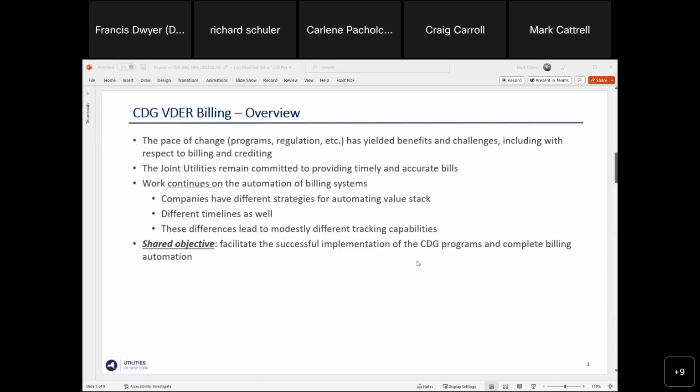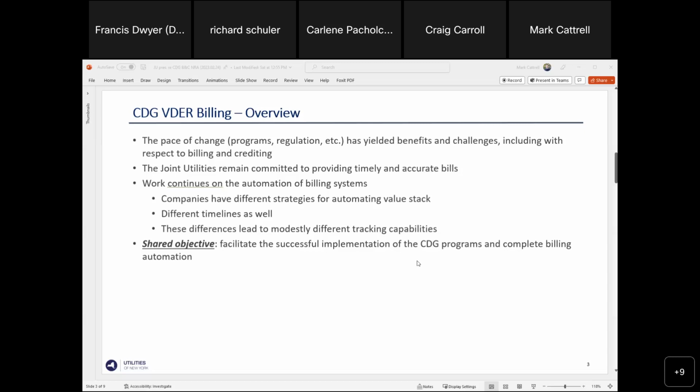But really what we want to make sure to bring attention to is the fact that there are different companies among the Joint Utilities. Companies have slightly different strategies from one company to the next related to how they're automating the value stack and the end feeder compensation in particular for CDG, and in particular because there are different flavors of these CDG programs.